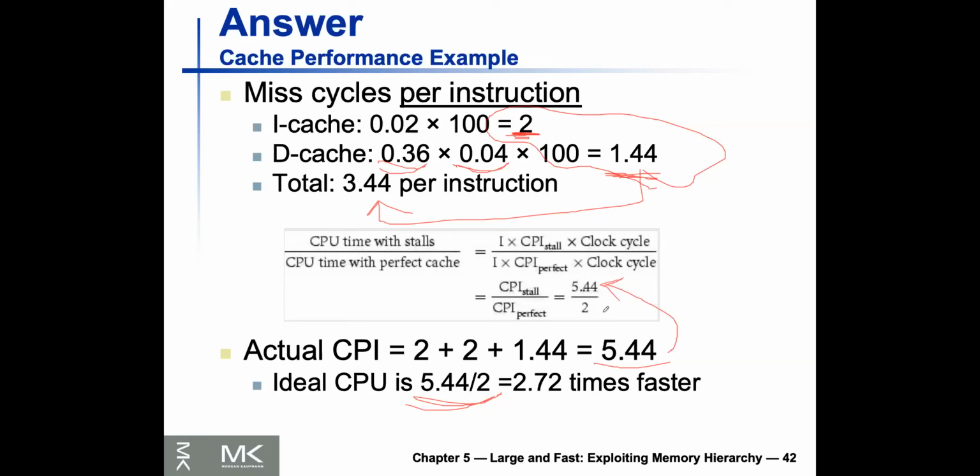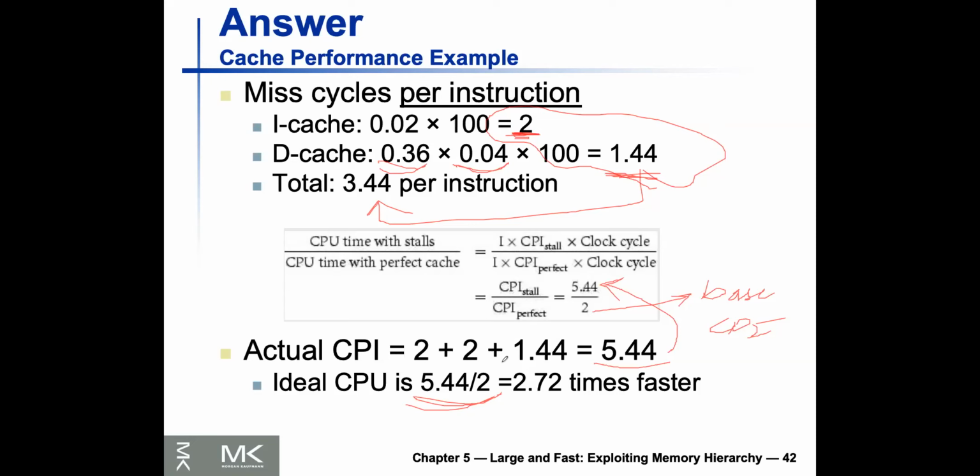And that was the base CPI that was given to us. So basically, what you have is a base CPI plus the D cache missed cycles plus the I cache missed cycles.